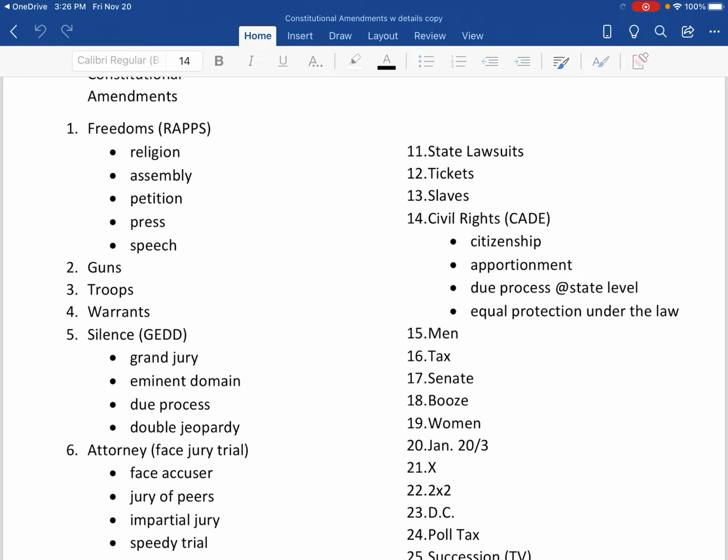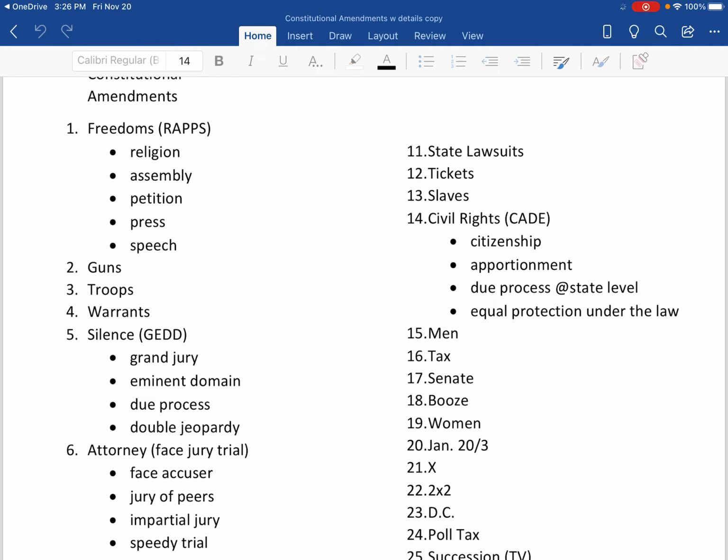And then there would be equal protection under the law that basically says you can't help a group of people beyond another group of people, whether it's legally, safety-wise, security-wise, economically, whatever it might be.